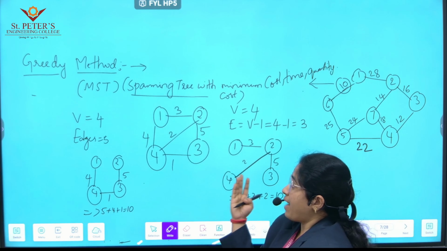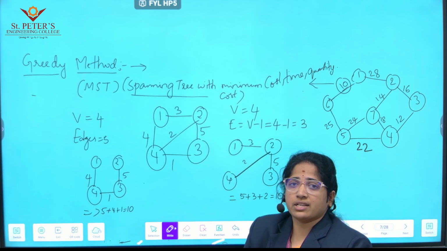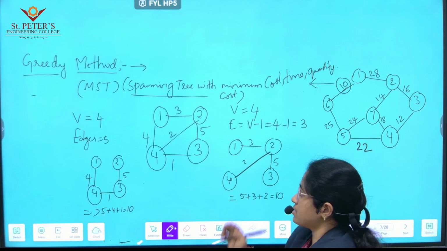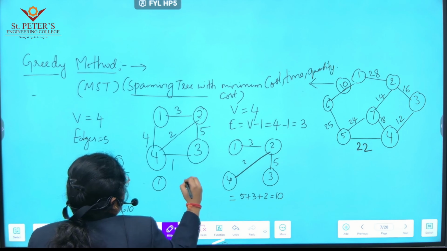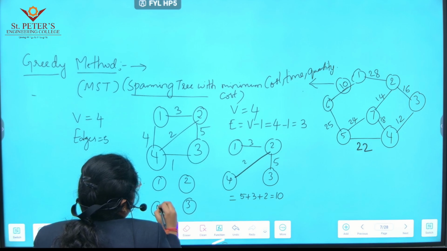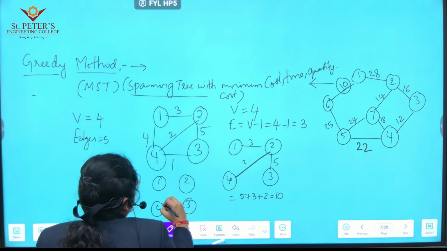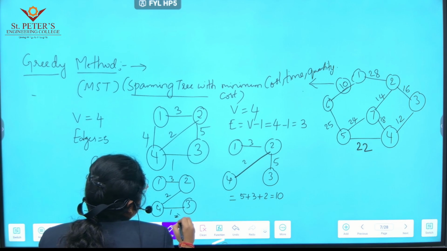We have 5 edges and 4 vertices. We can draw any number of spanning trees, but the condition is that we need to get the minimum cost spanning tree from this. So now I will check for the minimum spanning tree. Another possibility: from 3 to 4 cost 1, from 4 to 5 cost 2, and the next is 1 to 2. Here the cost is 6.